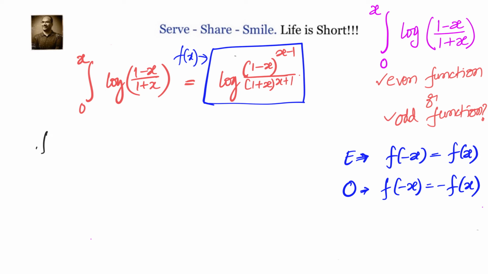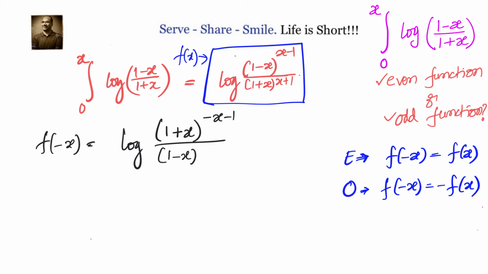For that, wherever x is there, we will substitute minus x. So we'll write log of (1 plus x) whole to the power of minus x minus 1 divided by (1 minus x) whole to the power of minus x plus 1.